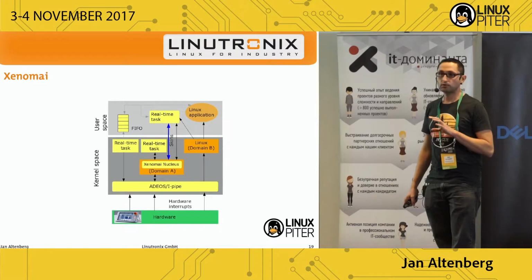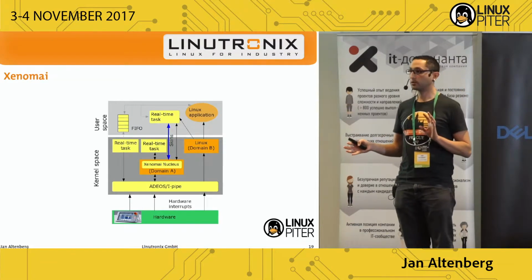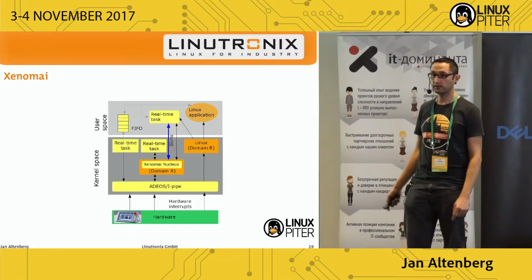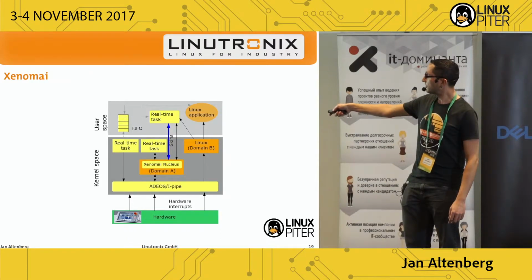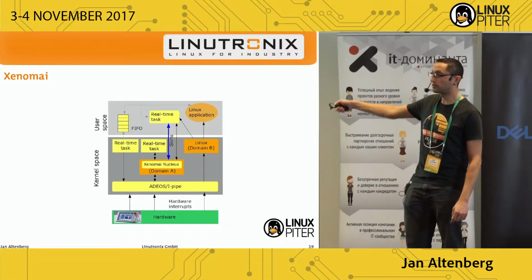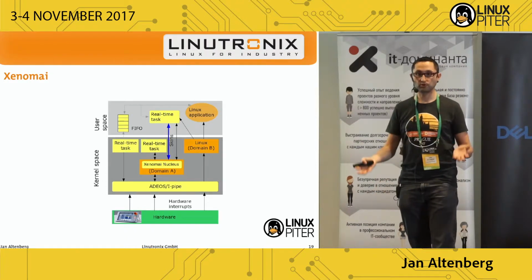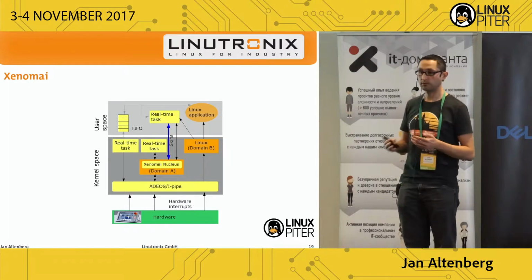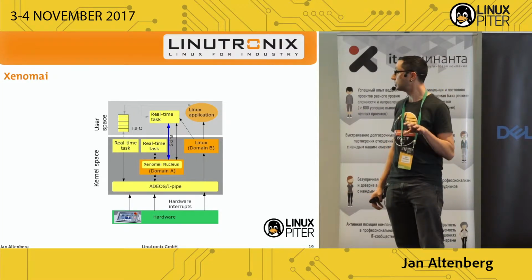You will recognize it looks pretty similar to RTAI. We've got this microkernel, we've got Linux running as a low priority task. But you can see this path which is going straight to user land. So you have a clear option to have real time right here in your Linux application, which makes it way easier to use.